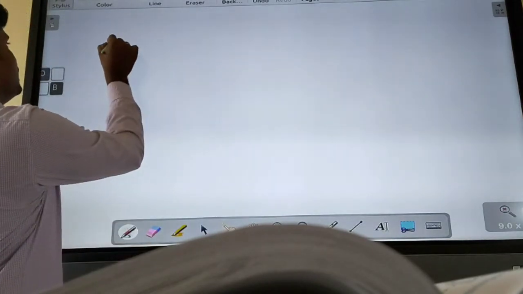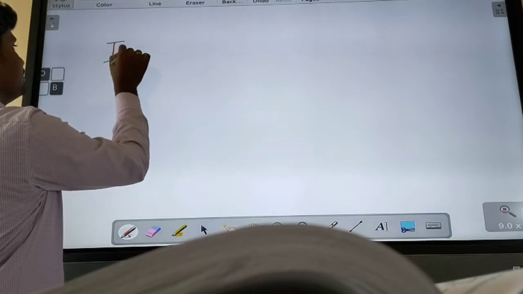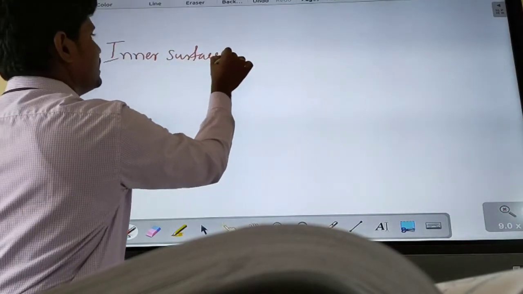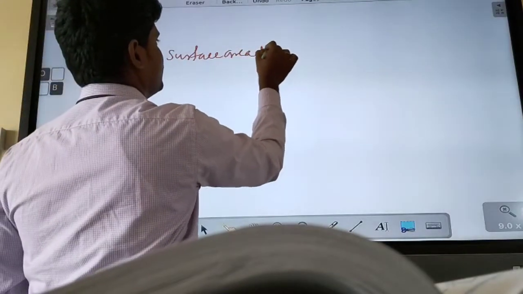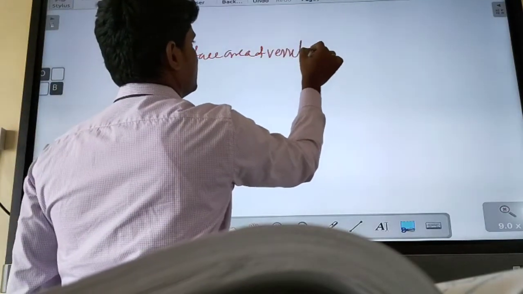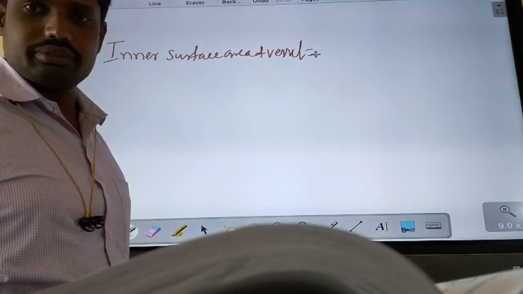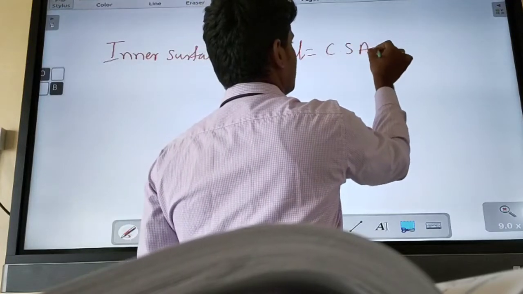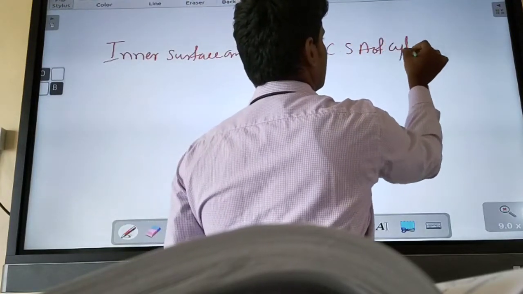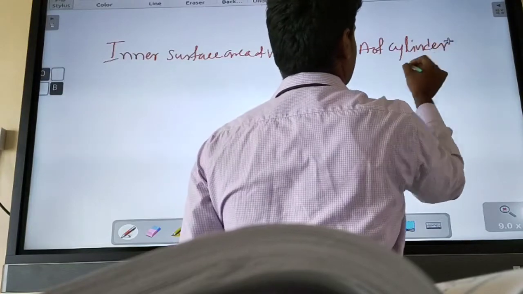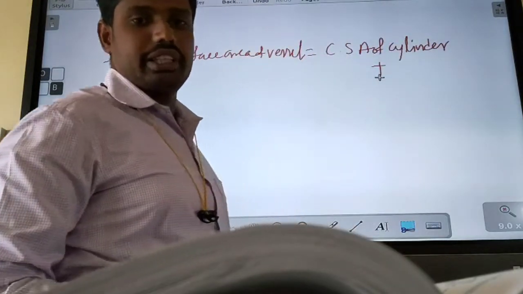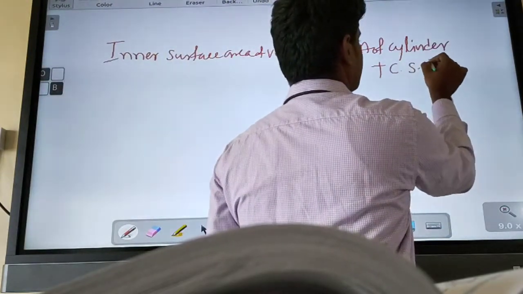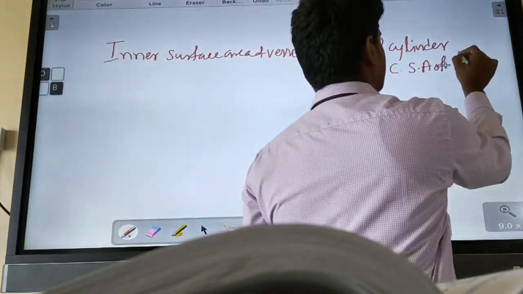What is the formula? The inner surface area of the vessel is equal to the curved surface area of the cylinder plus the curved surface area of the hemisphere.